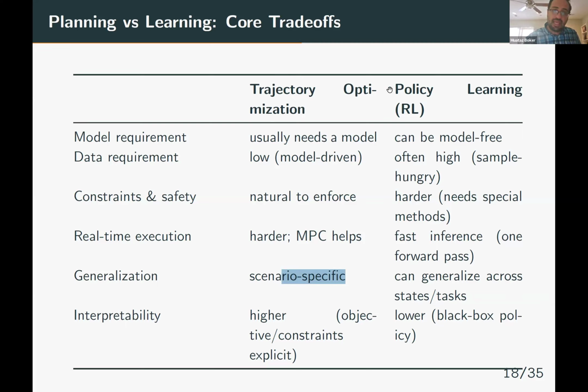But again, you have to take that with a grain of salt, because for trajectory optimization, it all depends on the fidelity and the accuracy of the model. If the model is rubbish and your control design is not robust, then you have to be careful when considering the stability and performance guarantees.